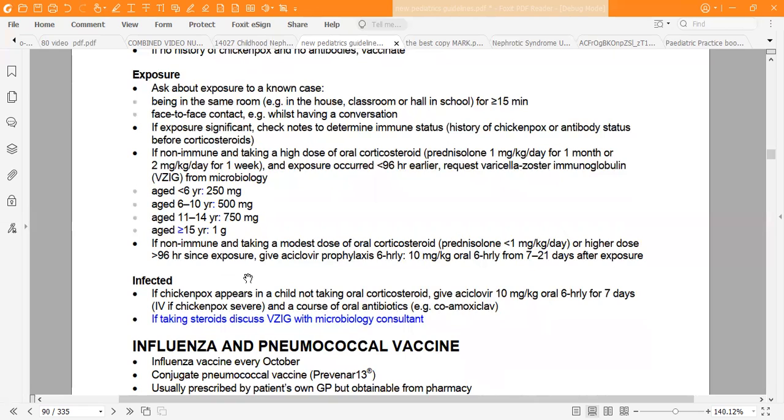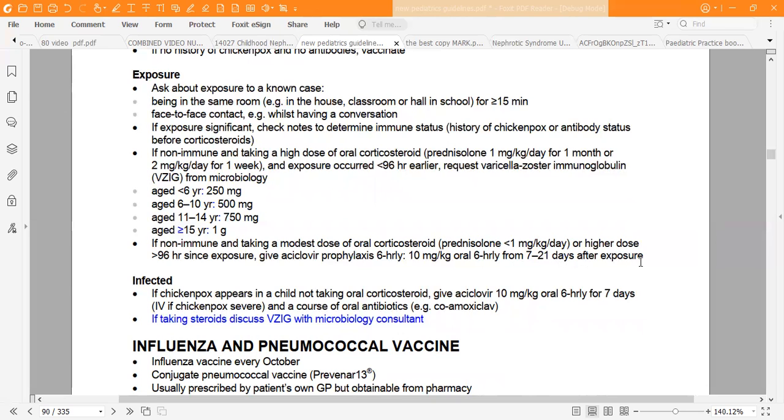If non-immune and taking a modest dose of oral corticosteroids, or a higher dose with more than 96 hours since exposure, you will give acyclovir prophylaxis 6 hourly, 2 milligram per kg orally every 6 hours from 7 to 21 days after exposure.